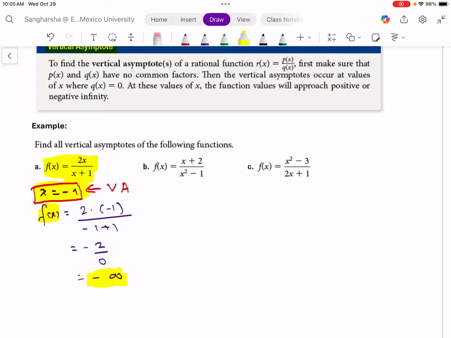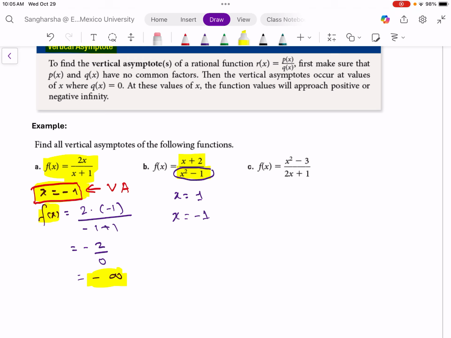Now the next function. Here we have a function f of x equals x plus 2 divided by x squared minus 1. For what x values is our denominator equal to 0? Can you think of a number for x which makes our denominator equal to 0? +1 and -1, right? When x is equal to +1 and when x is equal to -1, our denominator is 0.